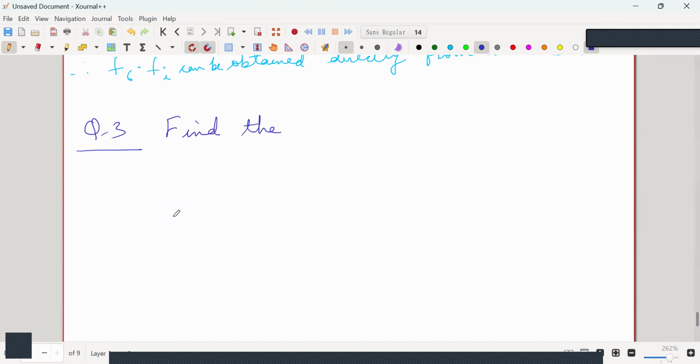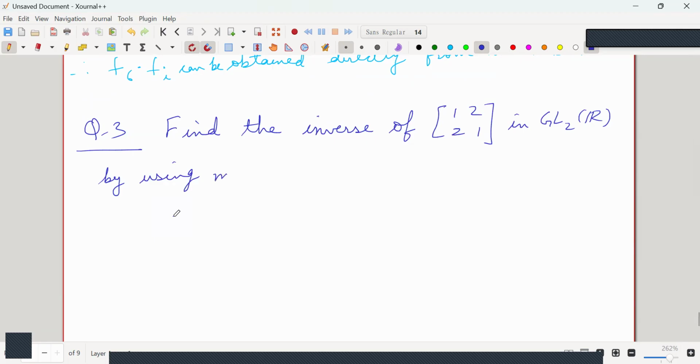Find the inverse of 1, 2, 2, 1 in GL2R by using matrix multiplication.